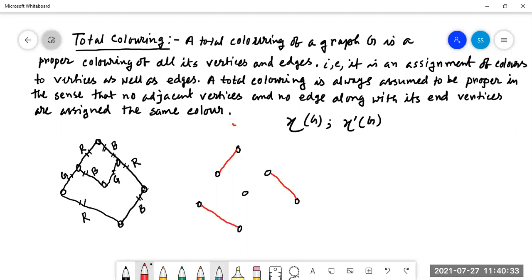Now we are going for the color blue. Blue is not given, so we are taking the galaxy pen.